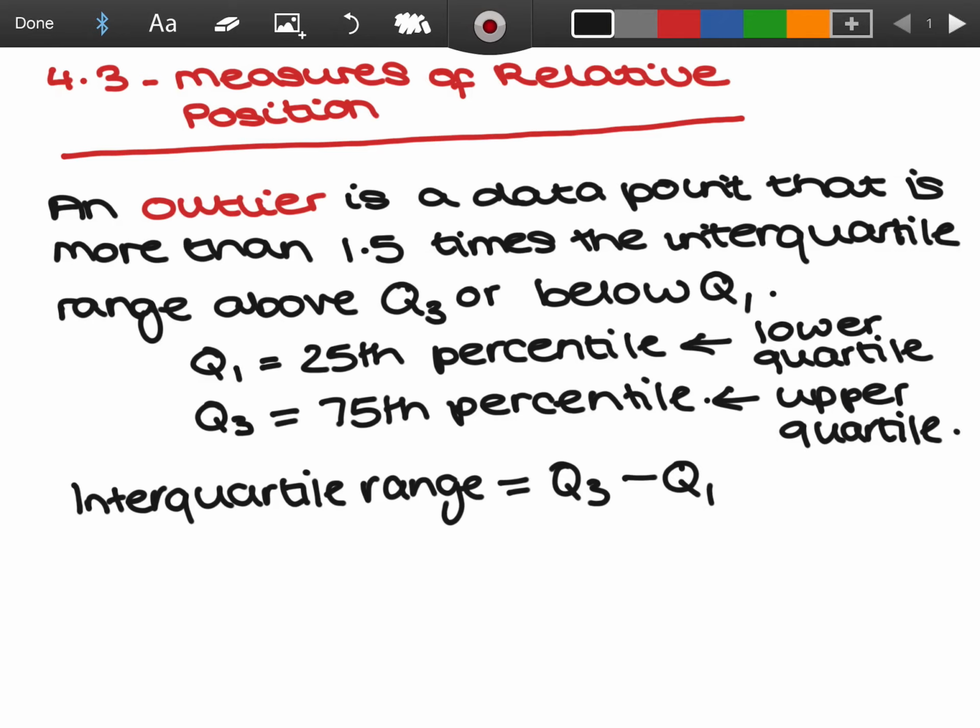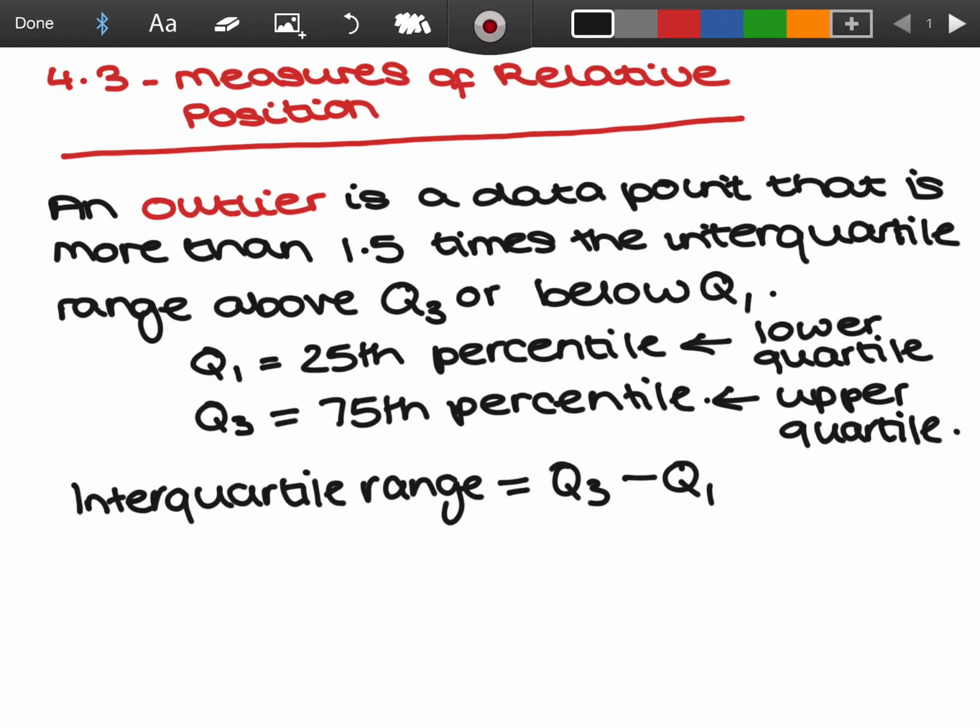Okay, between Q1 and Q3, you've got 50% of your data between those two data points. So the interquartile range tells you how spread out that middle 50% actually is, because you're looking at the difference between the upper data point Q3 and the lower data point Q1.